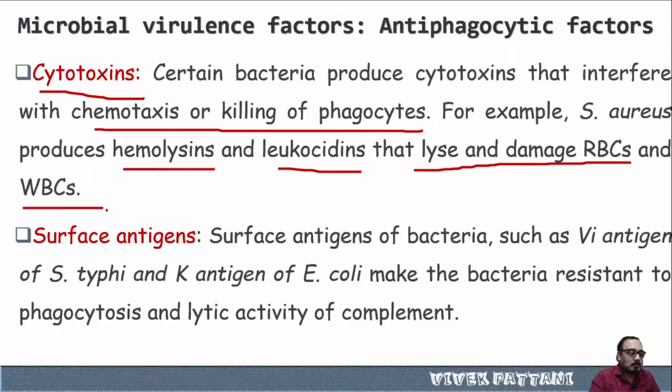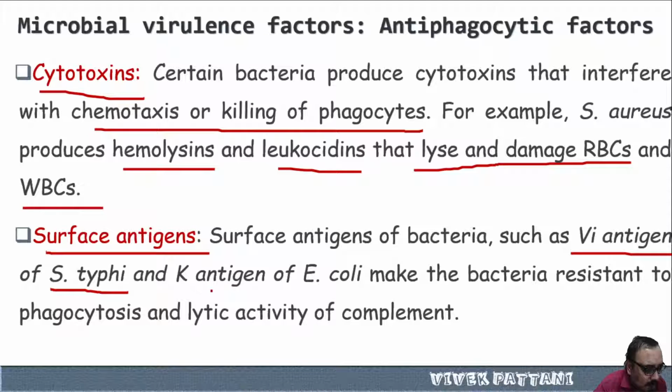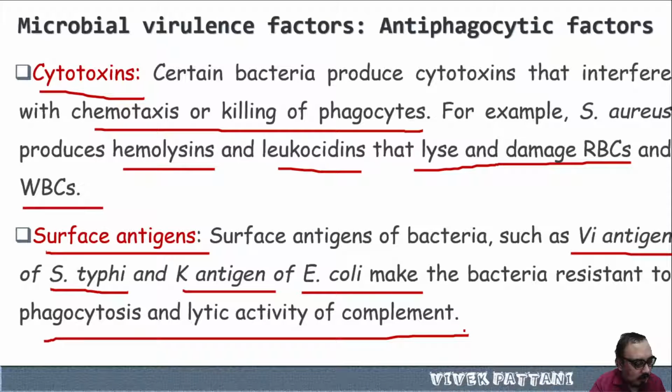Next comes the surface antigens. Surface antigens of the bacteria, such as Vi antigen of Salmonella typhi and the K antigen of E. coli, make the bacteria resistant to phagocytosis and the lytic activity of the complement.